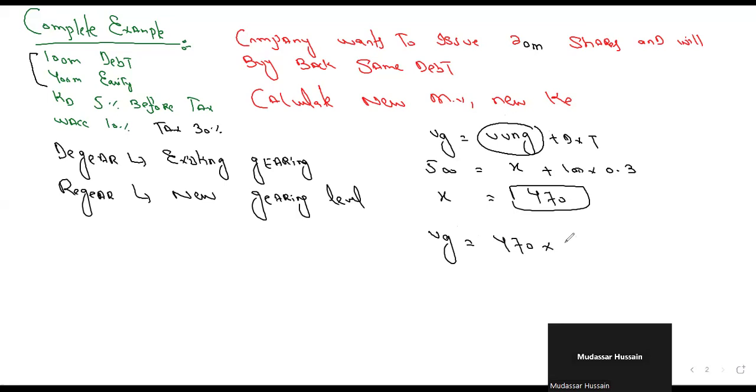And how much the debt will be, guys? Can you people tell me? As we are issuing 20 million shares and buying back the same amount of debt, 100 was previous, now as 20 million is bought back, 80 will be left.